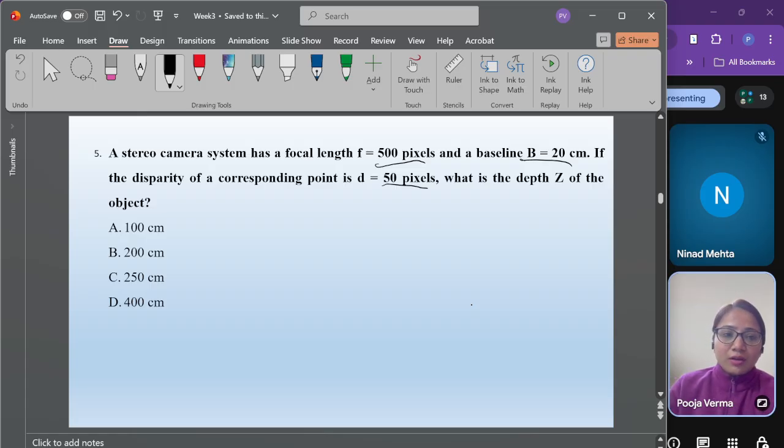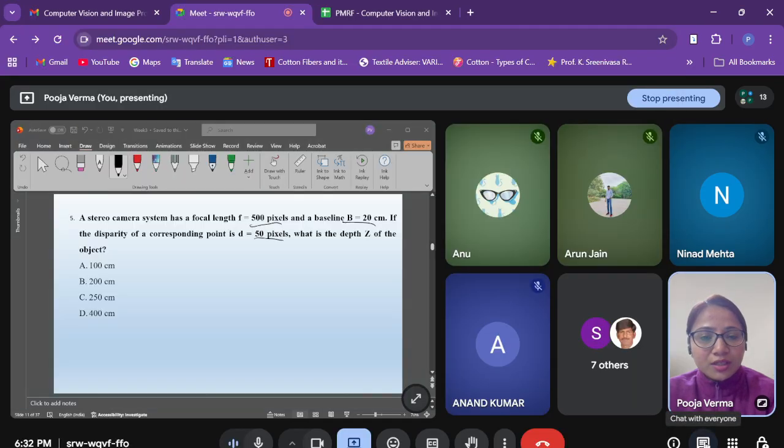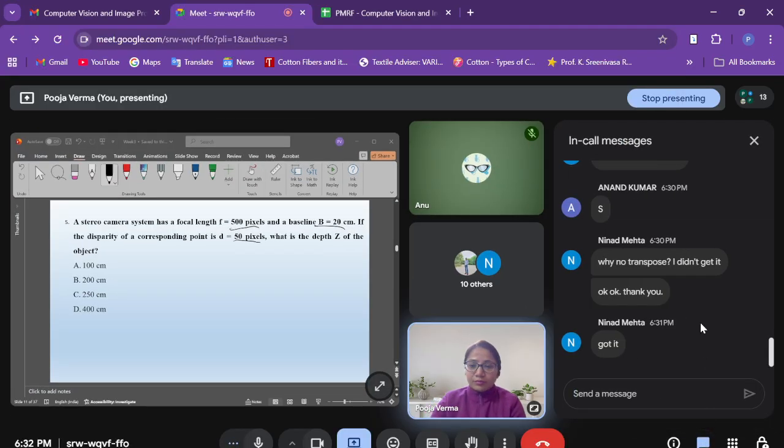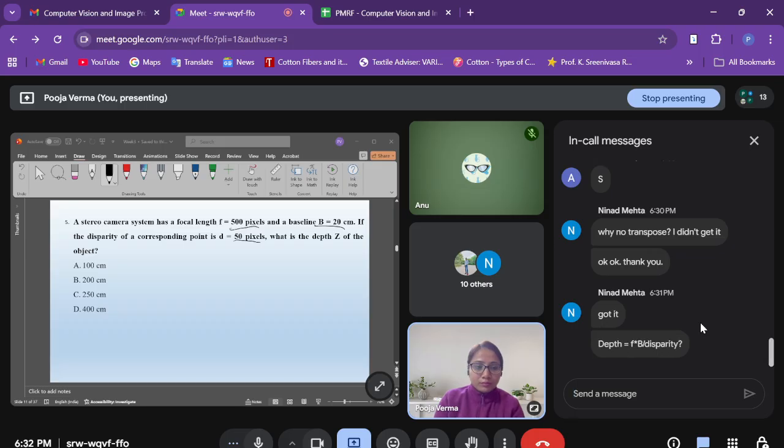So does anyone have any idea how to solve this? I think you must have gone through this type of question. So what would be the formula we need to use here? Yeah, correct. So can you put in all the values and let me know what the answer will be?